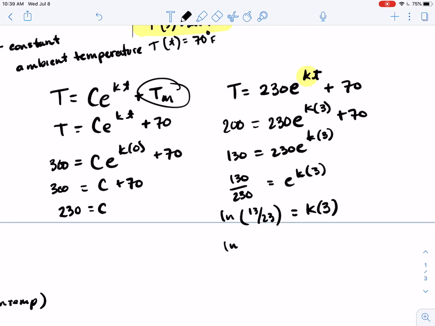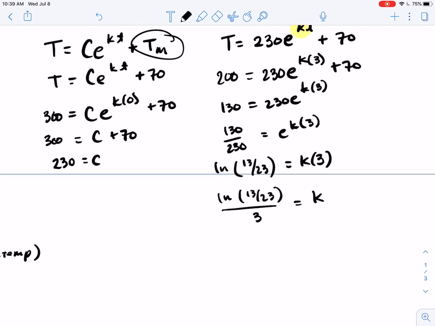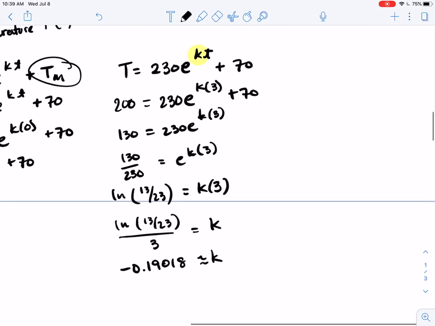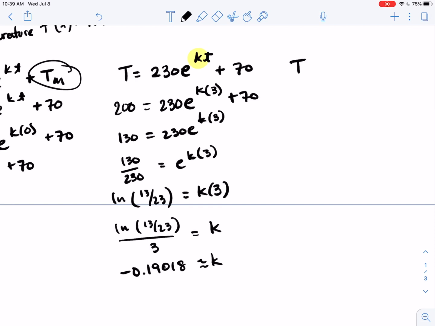And then ln of 13/23 divided by 3 is equal to k, which we'll write as approximately negative 0.1908 is approximately k. And now I have my equation where T equals 230 e^(-0.1908t) plus 70.